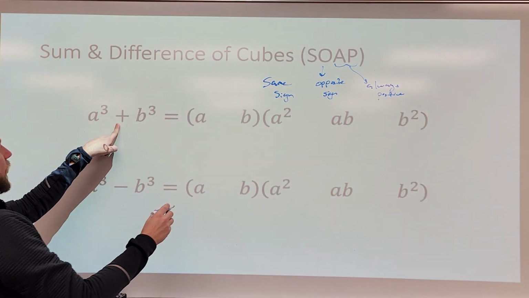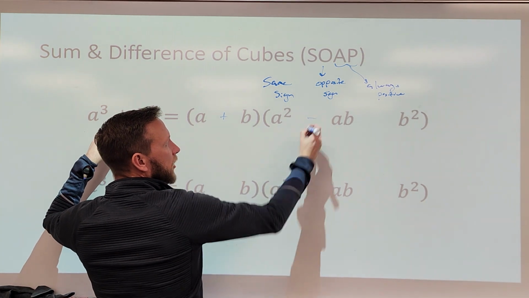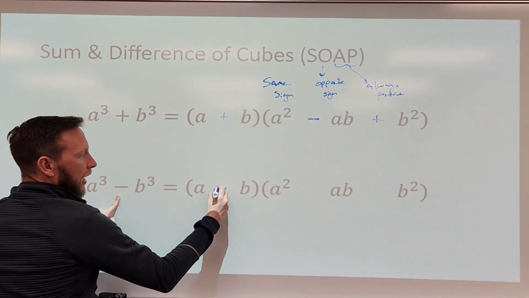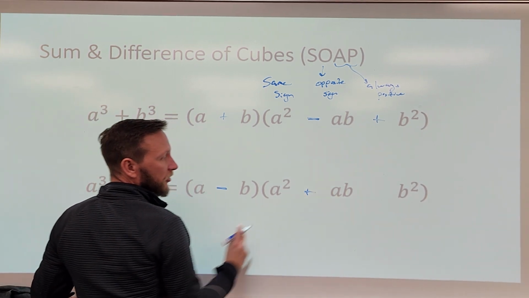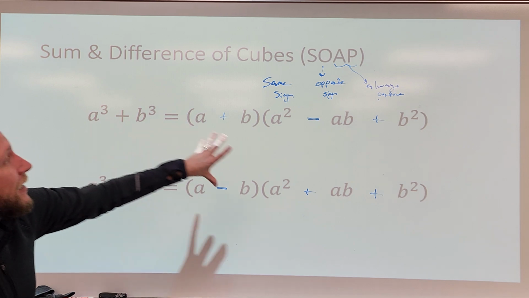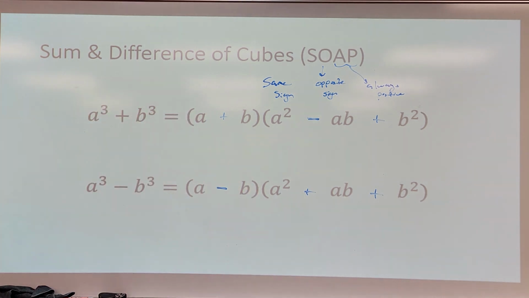So if we have plus, then we're going to have the same sign, the opposite sign, and then always positive. If we have a minus, we're going to have minus, the same sign, plus the opposite, and then the last thing is always positive. This is the factored form for our sum and difference of cubes.